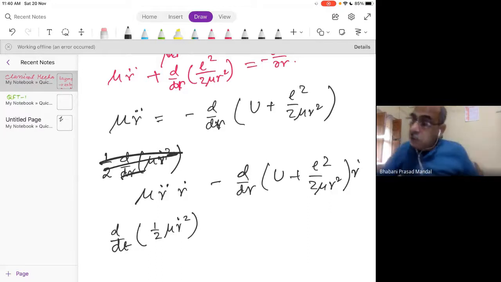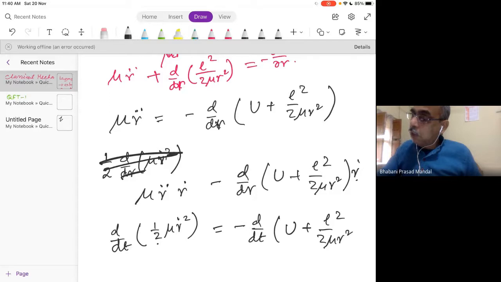Let me check: if I take the derivative of r dot square, I get 2 r dot r double dot, and the 2 will cancel with this half. This side, d/dr times r dot is basically d/dt, so dr and dr cancel, giving d/dt of u plus L square by 2 mu r square.